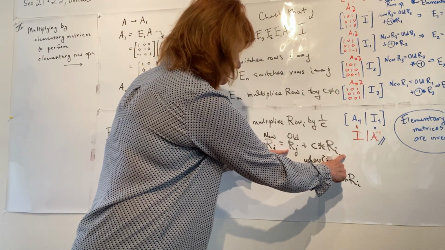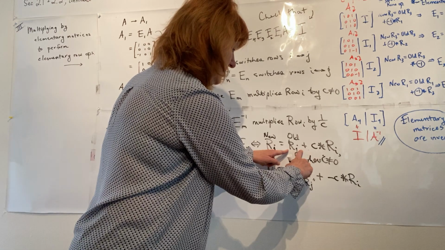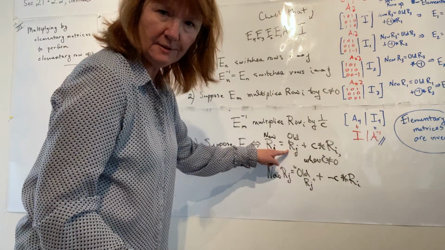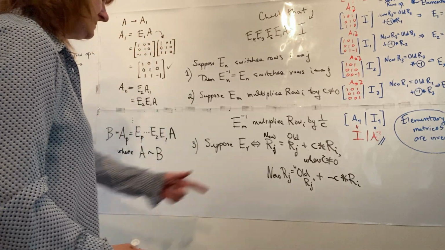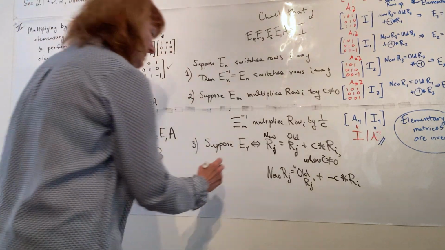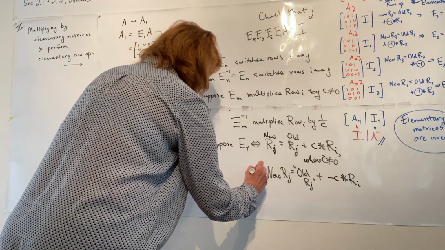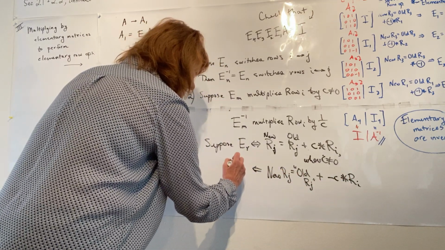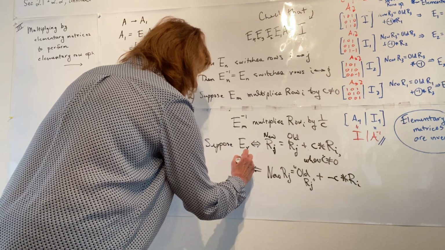If I want to get back to the original old row J, well, to this, I should subtract off that, right? Well, that's an elementary matrix. So if we perform this operation on an identity matrix, that's going to give us ER's inverse.